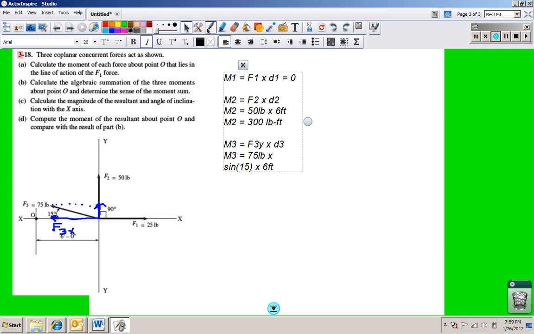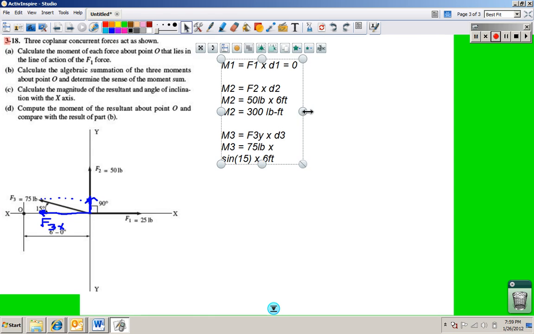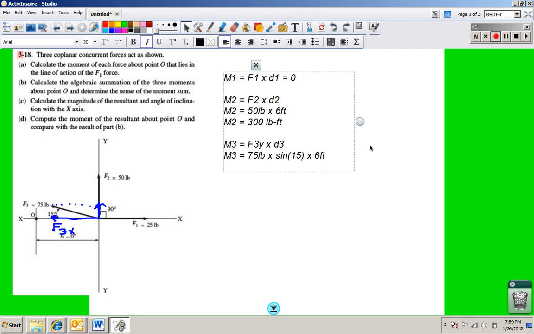So that means that M3 is going to be equal to, punch that in my calculator, I get 116.5 pound-feet. Now, is that going to tend to be positive or negative? If I had this pinned and I was pulling here, that's going to tend to be counterclockwise, and it's also positive.